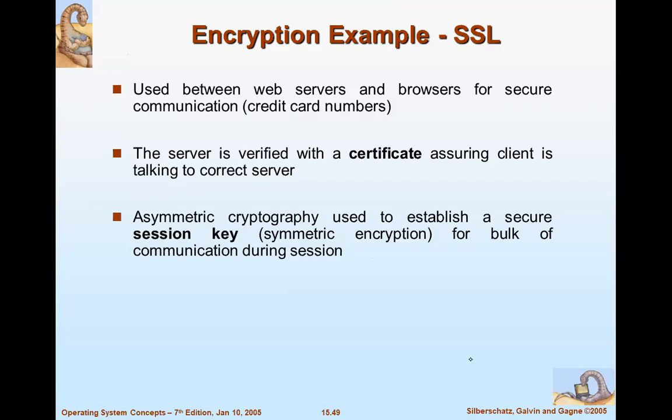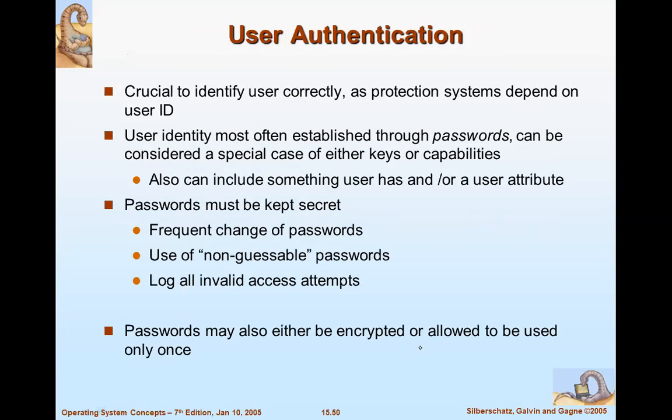Similarly, asymmetric cryptography is used to establish a secure session for the bulk of communication during that session. So it means you will have two different keys available. For encryption, you will use the public key, while for decryption, you will use the private key.